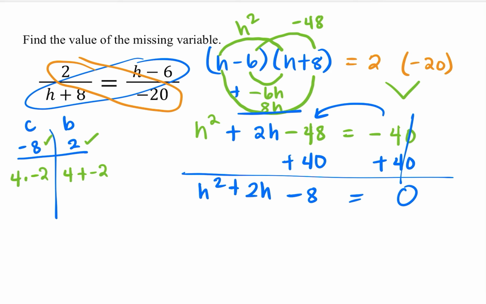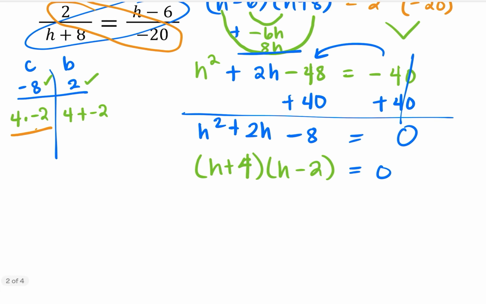So it checks the box. And so I will be using these two factors. So h plus 4, and then h minus 2. So I'm using the numbers that I found right here, a positive 4 and a negative 2. And we don't forget that this is going to be equal to 0.